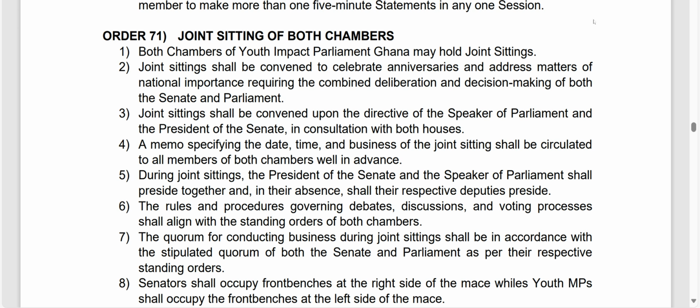Joint sittings shall be convened to celebrate anniversaries and address matters of national importance requiring the combined decision making of both the Senate and Parliament. 3. Joint sittings shall be convened upon the directive of the Speaker of Parliament and the President of Senate in consultation with both houses. So it means they don't really need to do a joint release, but both of them will release memos at the same time, conveying that they are coming to hold a joint sitting.